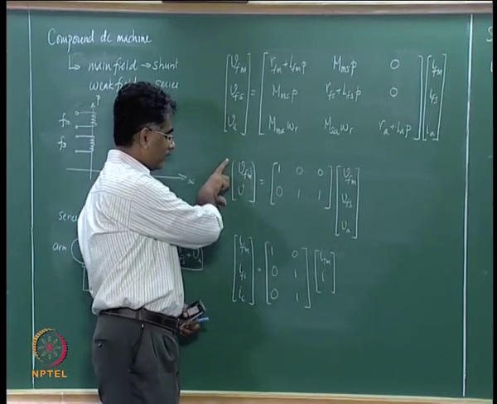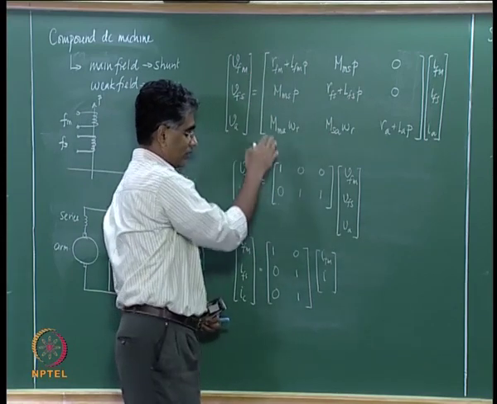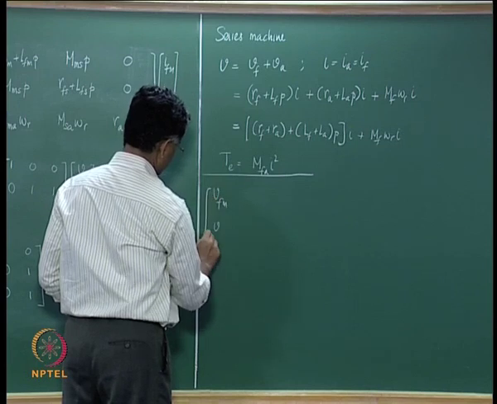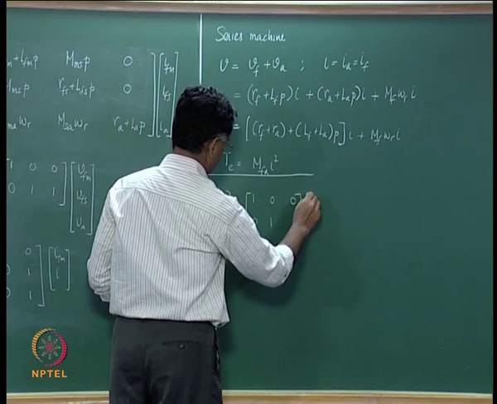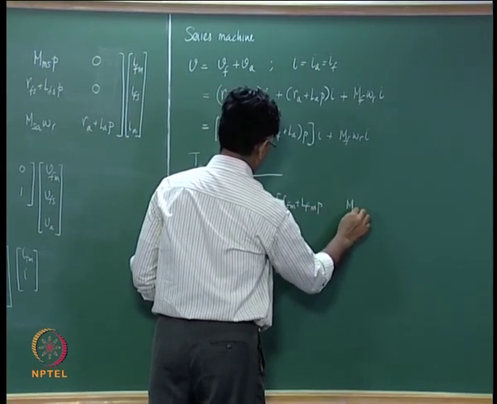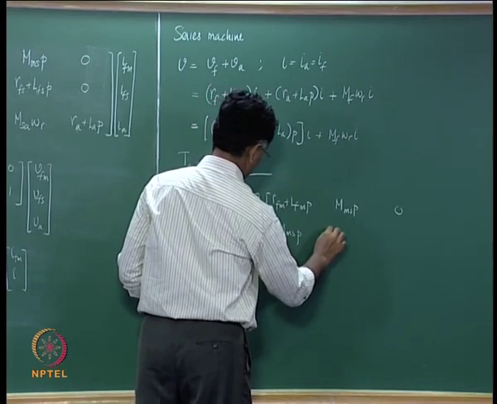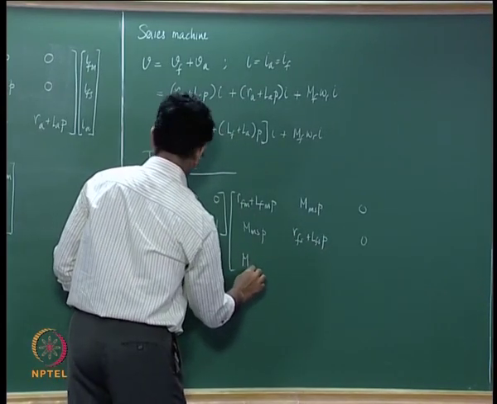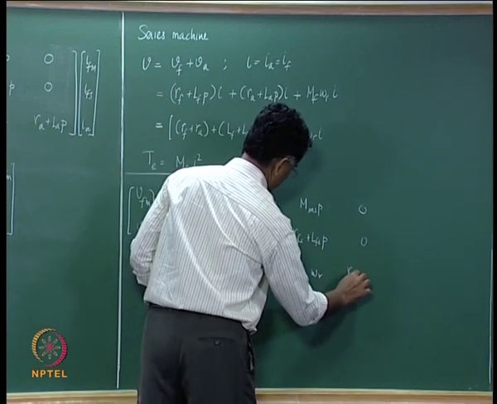All that we need to do is, in order to get VFM and V, we need to multiply this vector by this one, which is the same as multiplying this matrix on the left hand side by this, and therefore you have VFM and V is equal to 1 0 0 0 1 1 times that equation: RFM plus LFM into P, M MS into P, 0, series field, and then you have the speed EMF terms, main field and armature, series field and armature, and then the armature resistance.